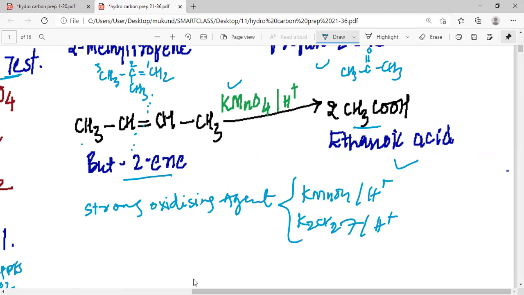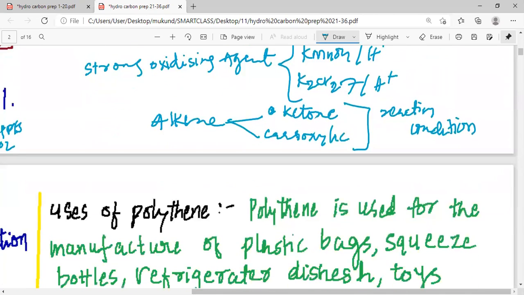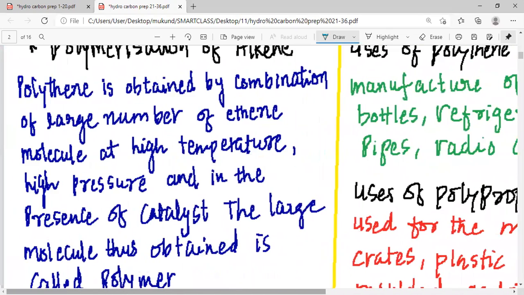These two are very strong oxidizing agents, and they convert alkenes to either ketones or carboxylic acids, depending upon the reaction conditions. I would like to request you that you please learn these kinds of reactions, because they may be asked in your next exam.